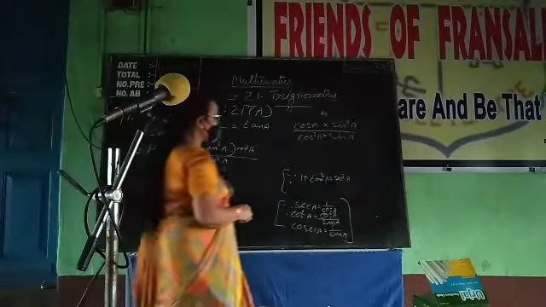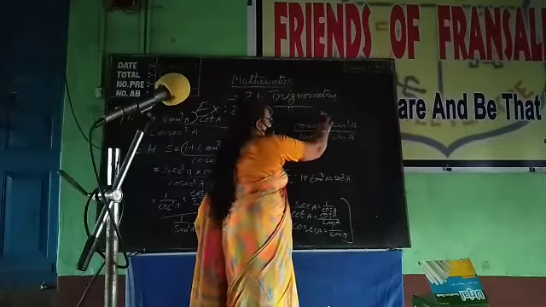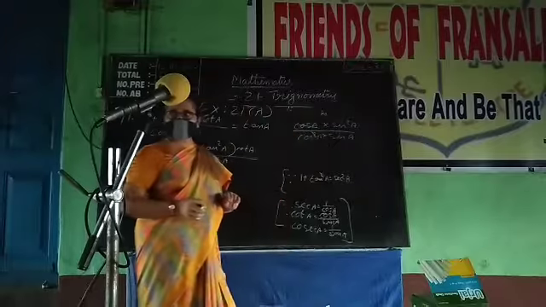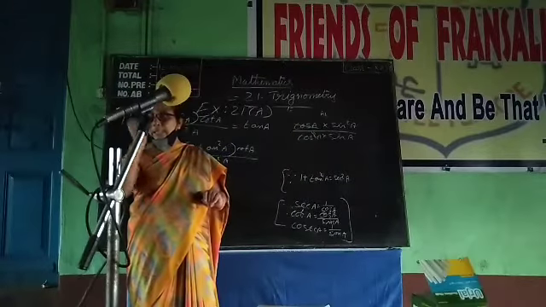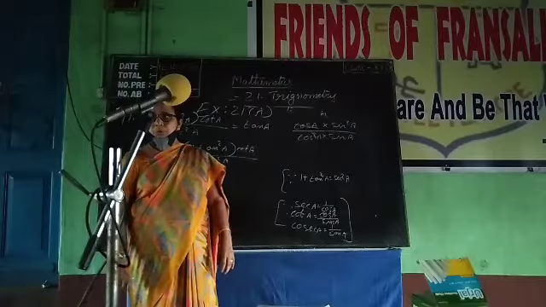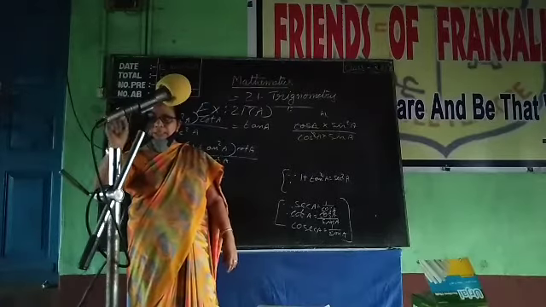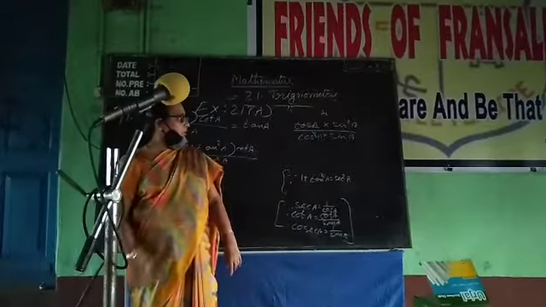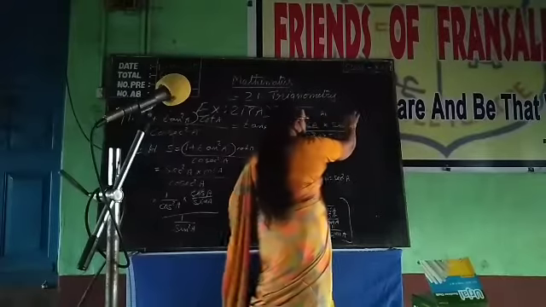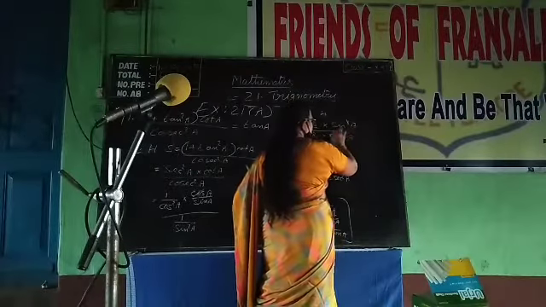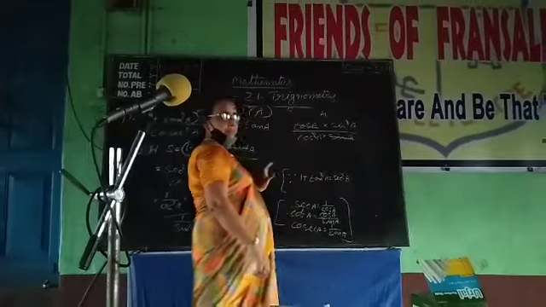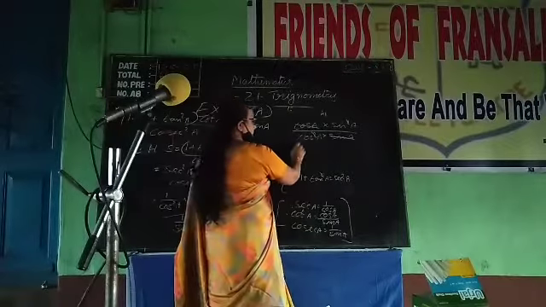Now you can cancel some terms, one cos A and one cos A. Like this you have to cancel it. From cos square A only cancel 2, actually it is 2 minus 1, so cancel 2 so that 1 will be remaining. And from here also sin square A cancel 2 and cancel sin A. Now what is remaining here?